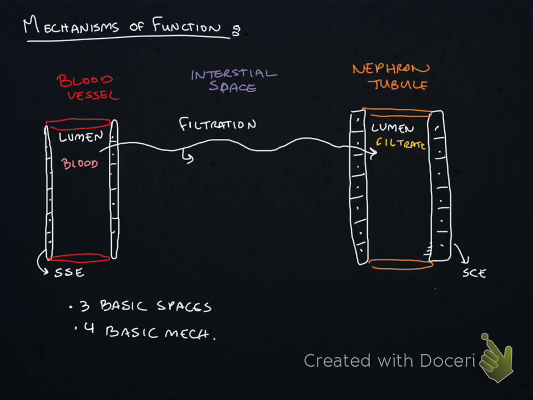This is very general in whatever it is moving from the blood into the nephron tubule. So from the blood into the interstitial space and then into the lumen of the tubule. And when it is very general in nature, it is called filtration. Now, if it is in the opposite direction, from the lumen of the nephron tubule, so from the filtrate to the interstitial space to the blood, we call this reabsorption.